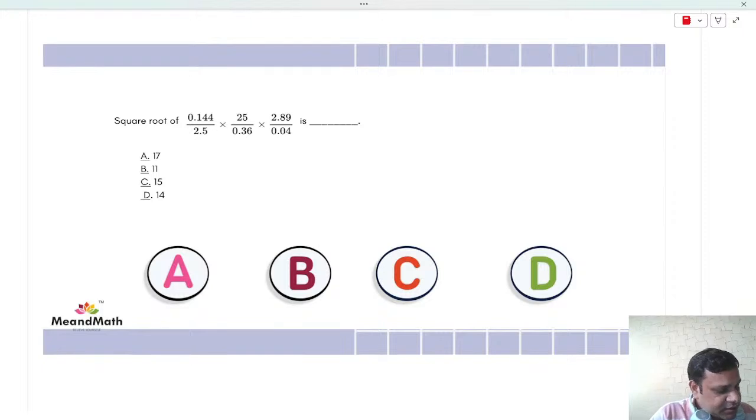Dhanusika, your answers are not coming. Okay, what will be the answer here? 17.